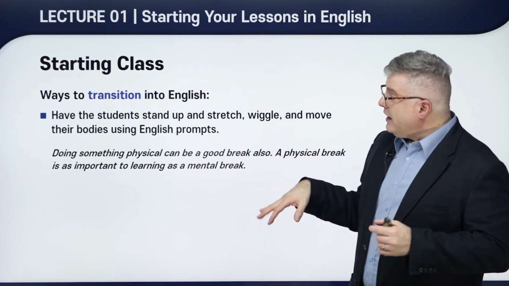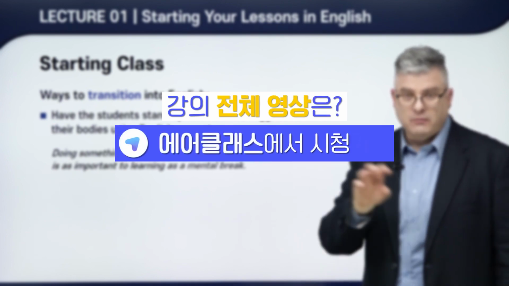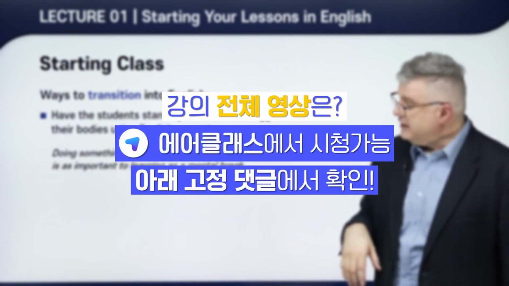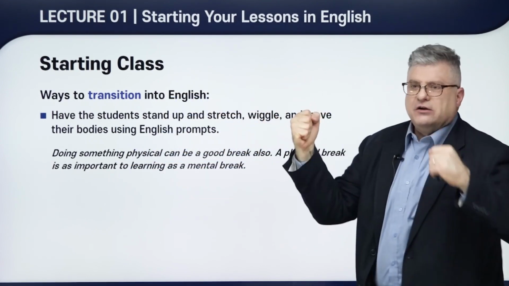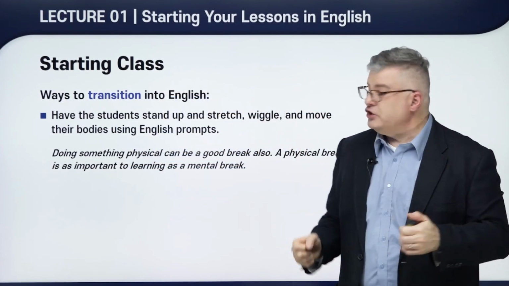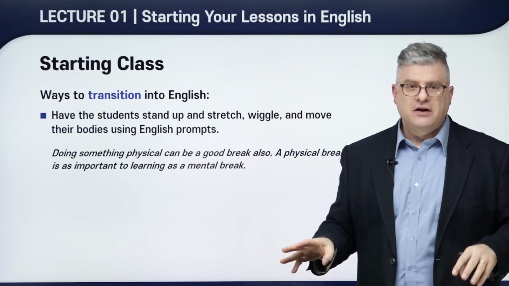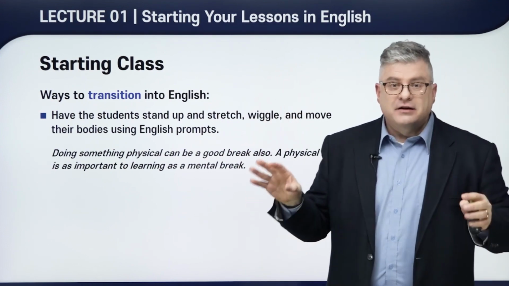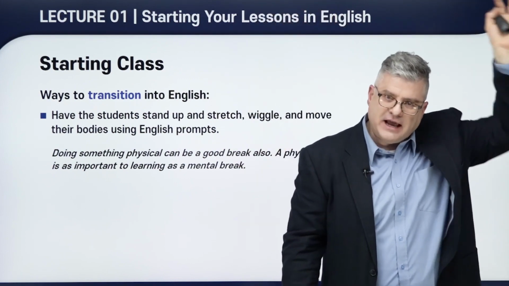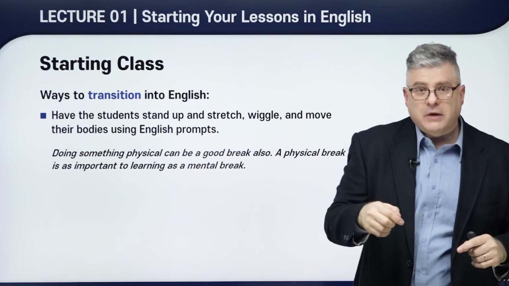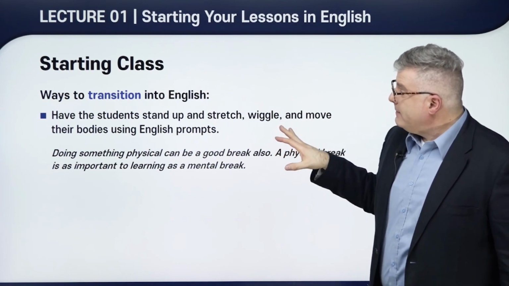So one way we can do a transition from another class to an English class is with a physical break. They can stand up and stretch and wiggle and move their bodies using English prompts. Okay, so, okay, everybody stand up. Okay, now turn around. Okay, next we're going to raise our right hand, wave our left hand. We're going to wiggle like a worm. All of these things are physical.